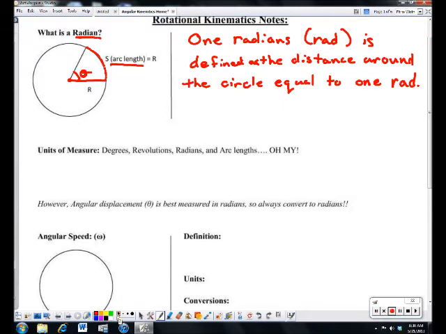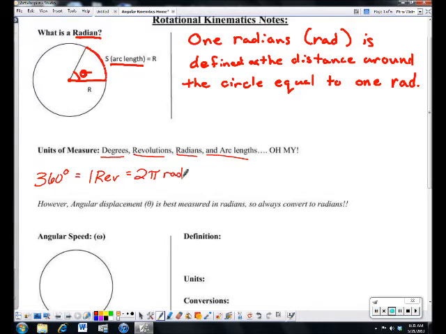The first one is we have a bunch of different types of measurements we can use when we call it. So let's talk about it. So in degrees, one full rotation, and this is how we're going to use our conversion factor, of course, is 360 degrees, though we'll very rarely use that. We know that 360 degrees is exactly one revolution, and we know that because my distance around a circle is 2 pi r, that my radians would just be 2 pi radians.